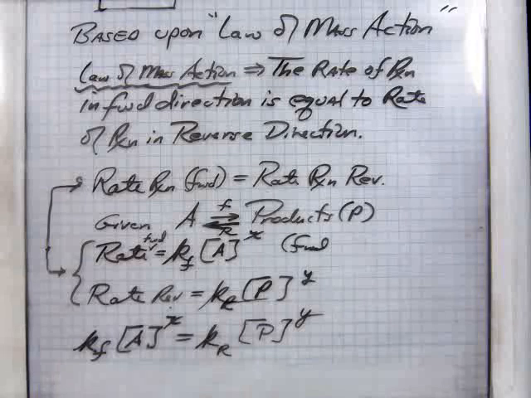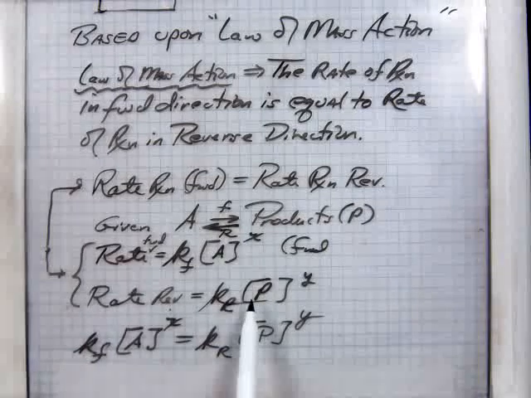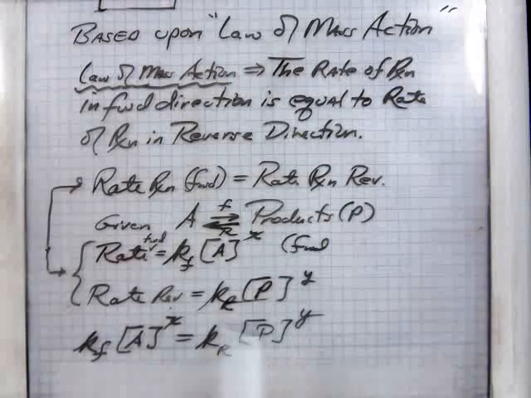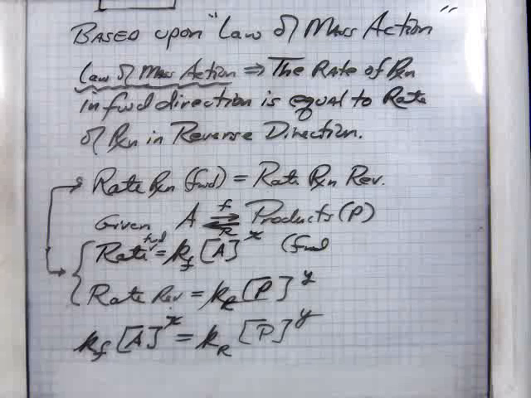So this should be reasonably familiar to you based on what we've already covered. When I give you an equation and ask you to write the rate law of it, you should know rate equals the product of concentrations of the reactants raised to whatever order of reaction we would determine experimentally. Like in the t-butyl chloride, the order of reaction came out to be 1 based on the analysis from the experiment.